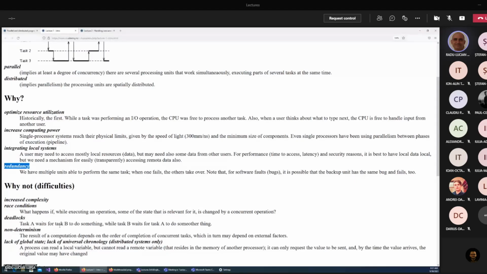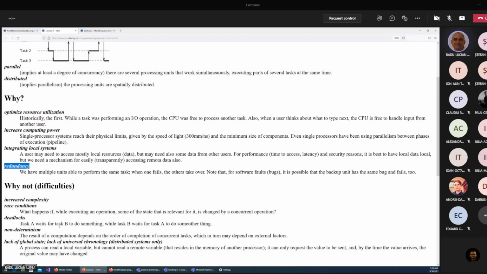If the failure is because you have a hard drive that for some reason, let's say, wears out and crashes, then it's an independent fault. If you have several hard drives, the probability that two of them fail at the same time is the product of the probabilities of each one of them failing.